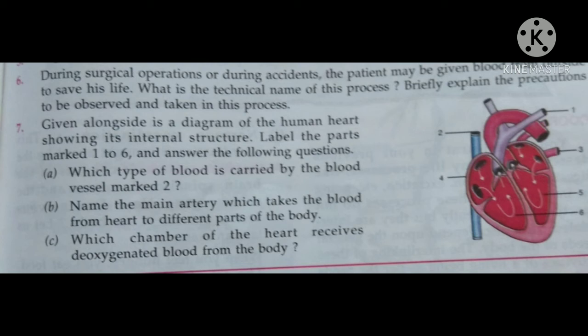See, while giving the blood, first of all we have to check the blood group, whether it is matching for the patient or not. The person taking the blood is called the recipient. The person who gives the blood is called the donor.